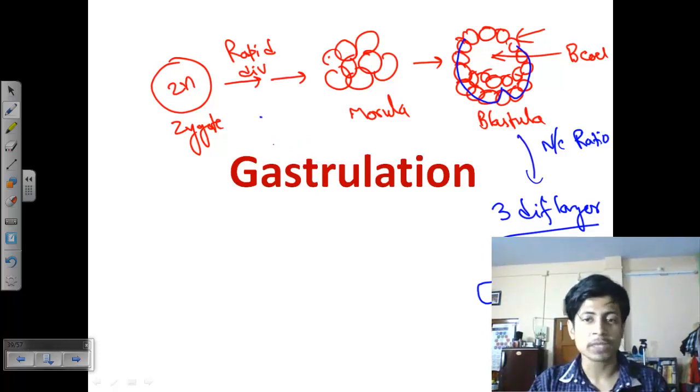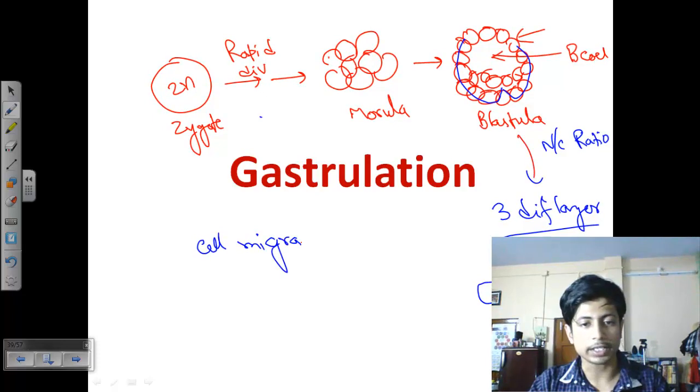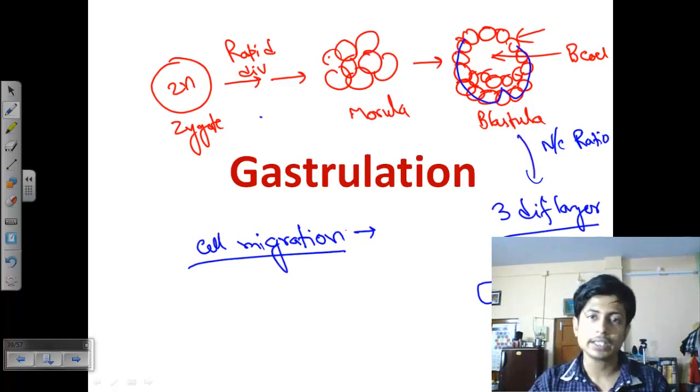But after the blastula, in gastrulation, we see cell migration playing a vital role. Those cells slowly start to migrate, creating folds in the blastula hollow sphere. As a result, it generates three different layers.